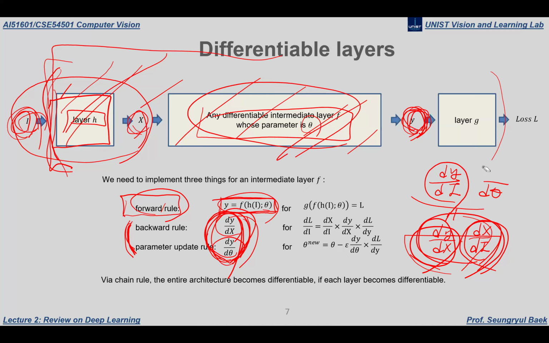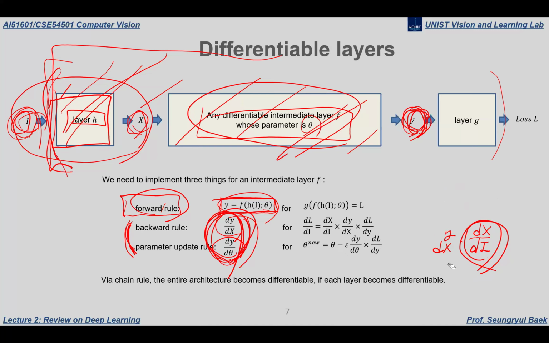Ultimately, why this differentiability is important is that the thing we eventually want to achieve is this. This is called the gradient descent algorithm.